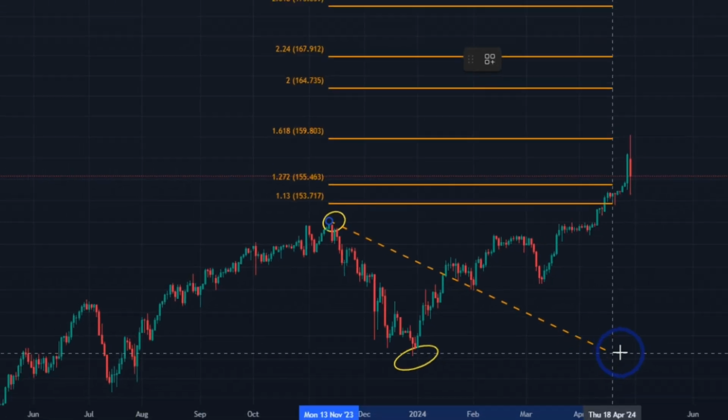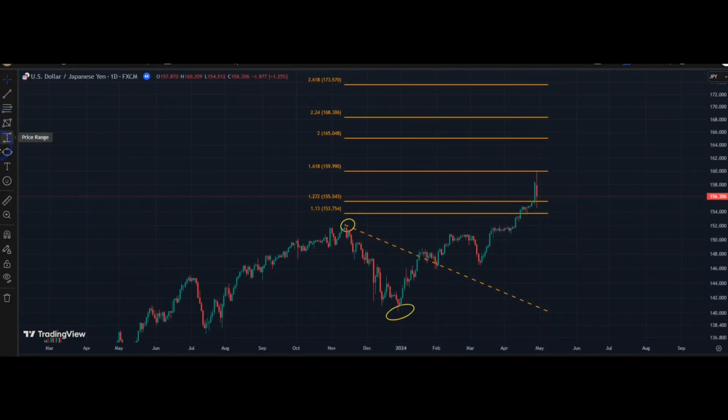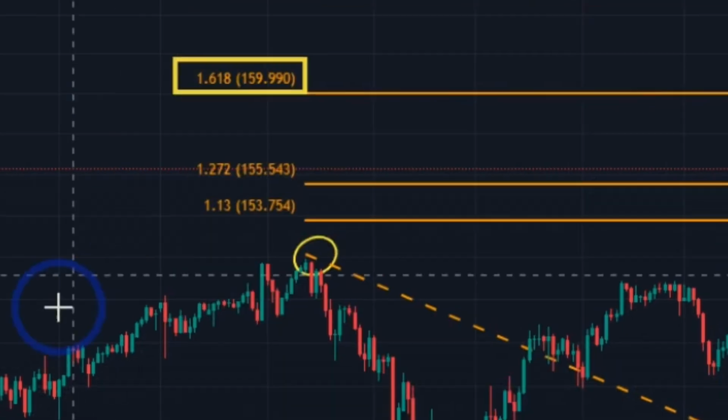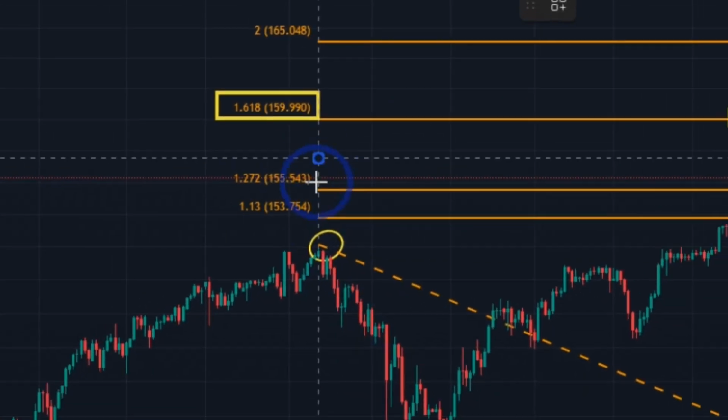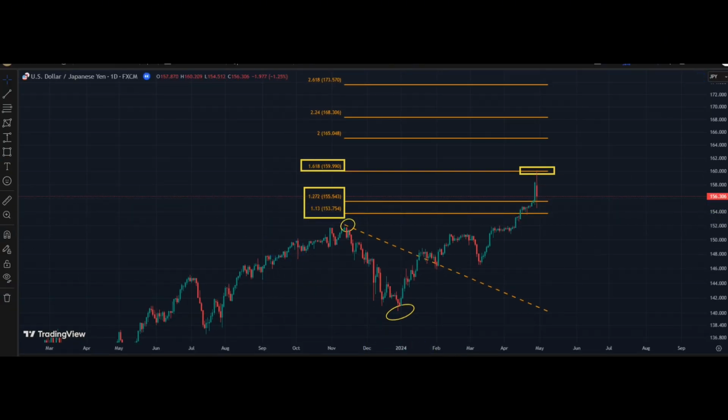The first click is placed at the beginning of the corrective move and the second click at its end. This allows us to identify the price target based on Fibonacci extension levels. As we observe, the price has beautifully reacted to the 1.618 level within a bullish structure.